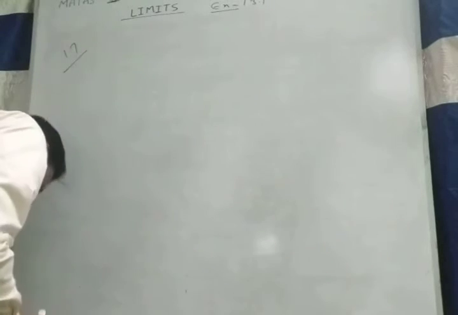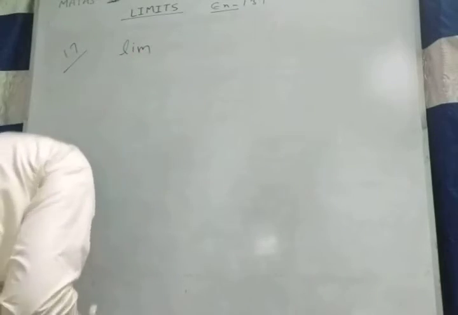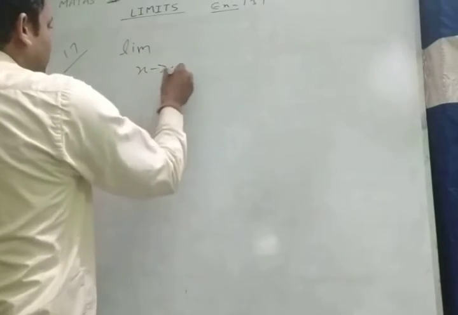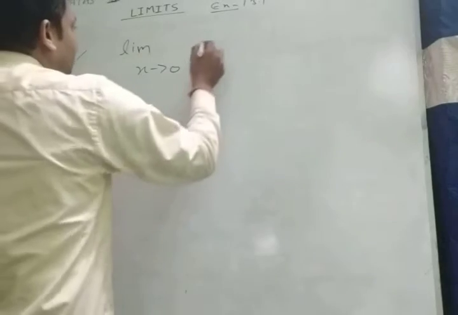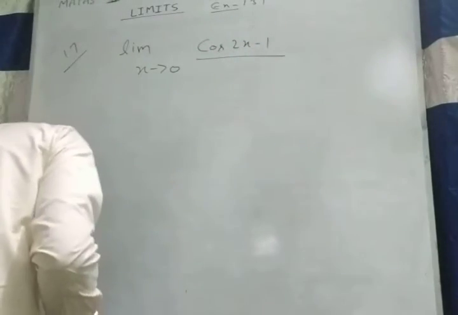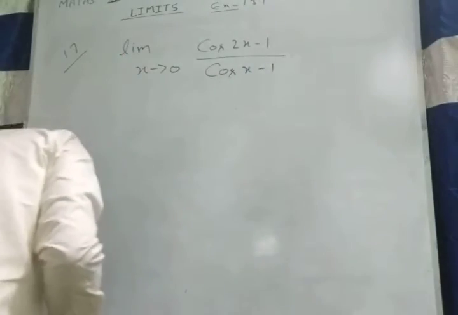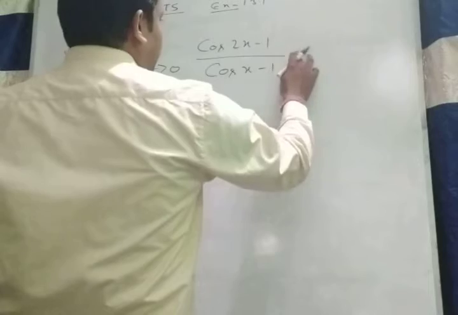Question number 17. Limit x tends to 0 of (cos 2x minus 1) by (cos x minus 1).